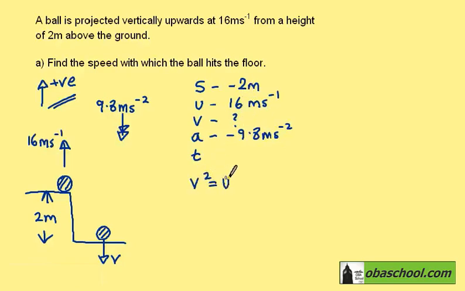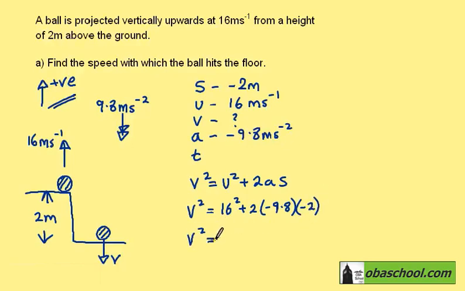These quantities are related by v squared is u squared plus 2as. Substituting in, v squared is 16 squared plus 2 times minus 9.8 times minus 2.